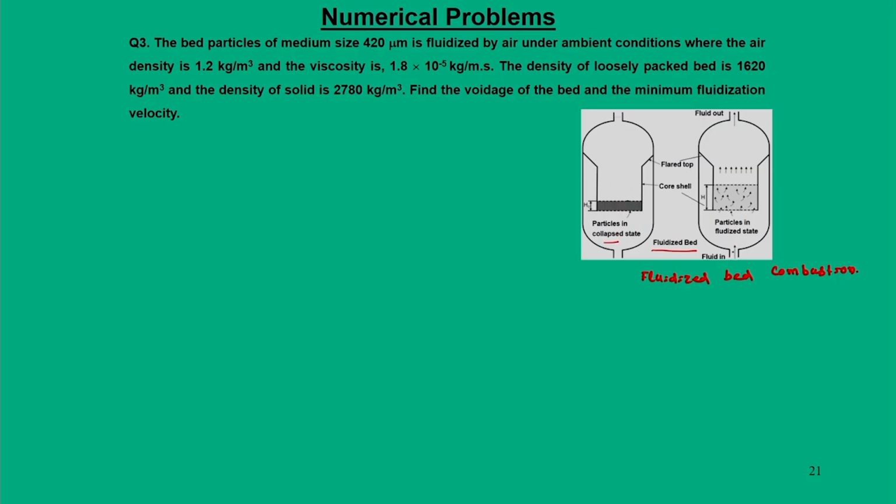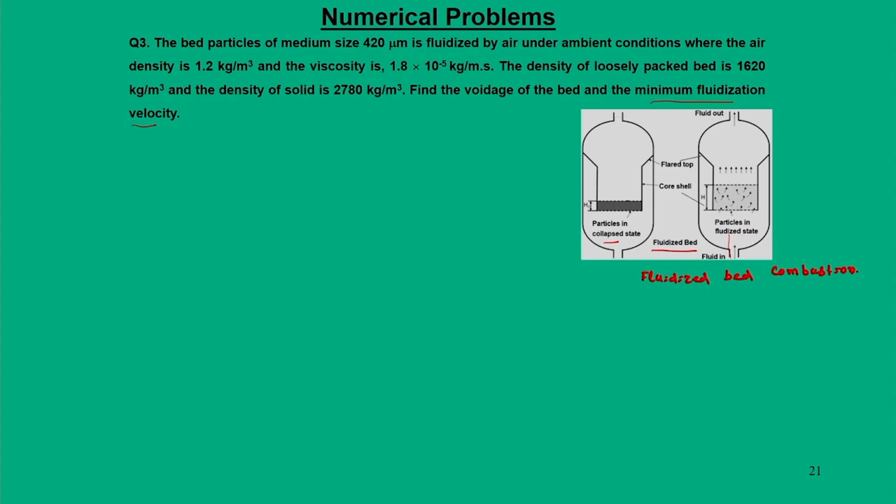Now, when the fluid, or air, is inserted into the bed, it tries to spread. So, it becomes fluidized inside this chamber. For these fluidized conditions, our main requirement is to find the minimum fluidization velocity, to make the collapsed state coal particles become fluidized particles, what is the minimum velocity requirement.